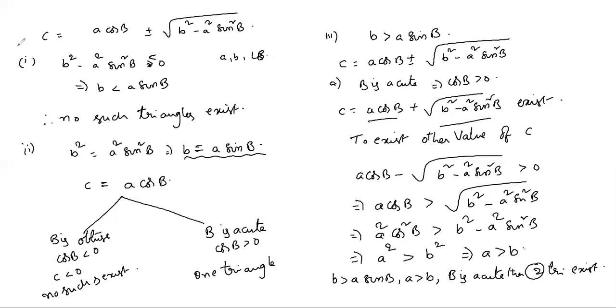But B greater than A sin B and B is acute. Suppose A is less than B. In that case, the negative value does not exist.